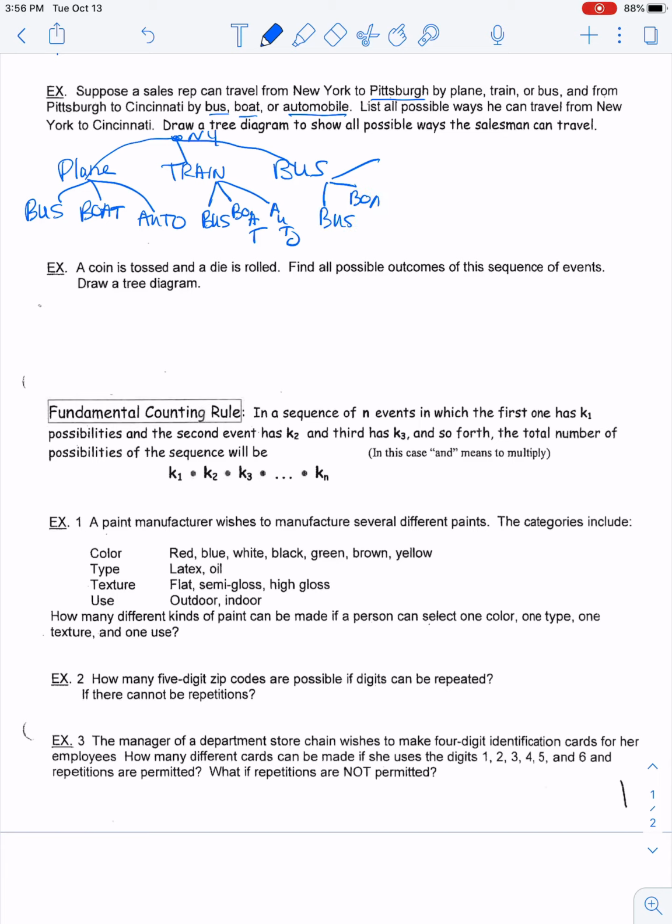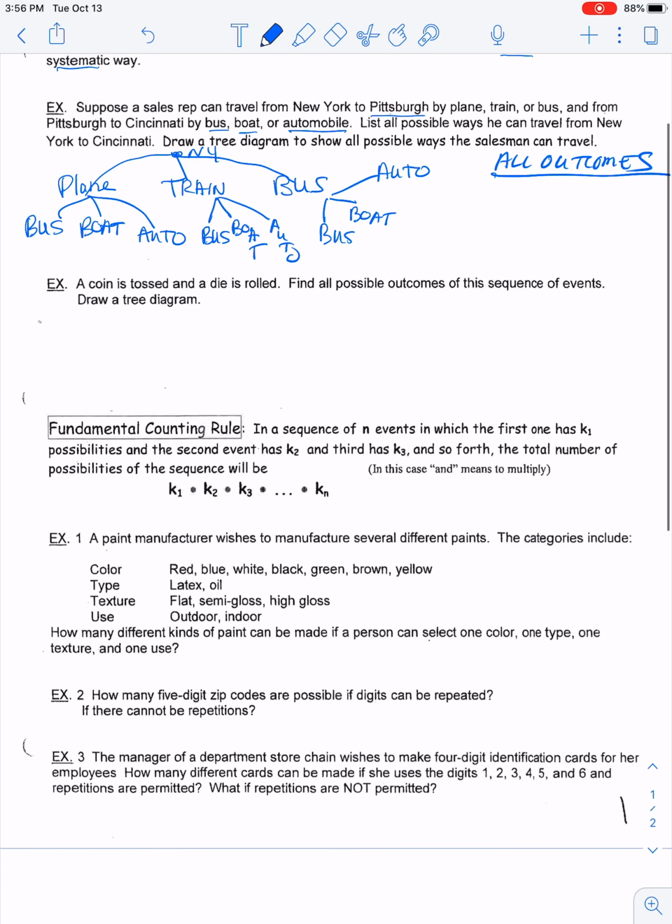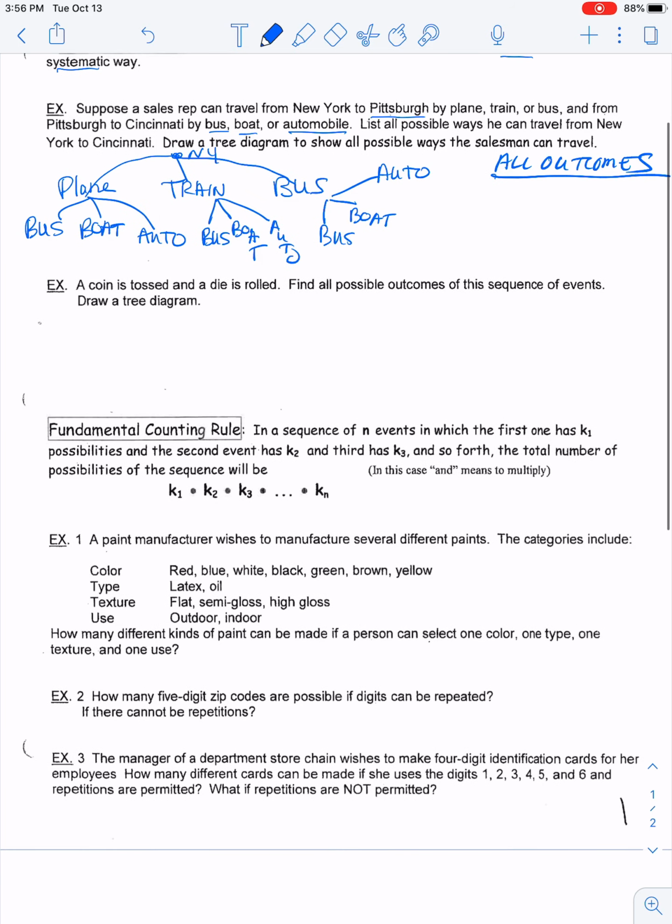Bus, boat, auto. Okay, so then if you read the branches of our tree, we can generate all outcomes for our travel. Okay, so all the different choices. So we could do, and I'm going to abbreviate here if I can a little bit, a plane followed by a bus.